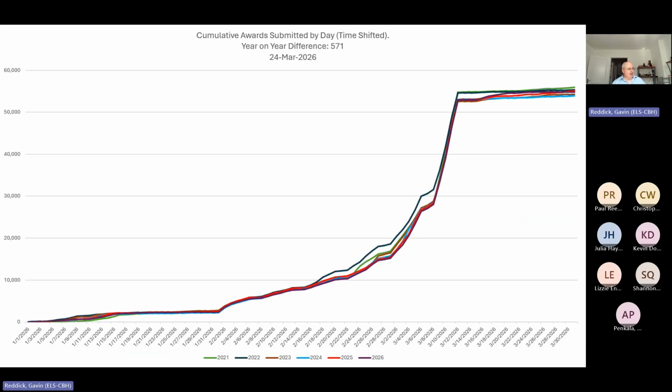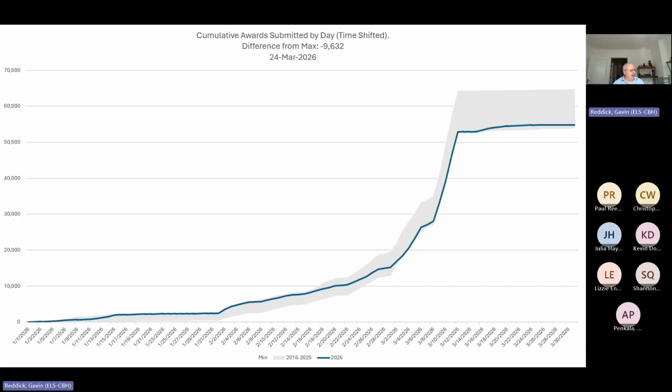If we look cumulatively, you can see there is some variation year on year for sure, but there is very consistent submission activity across all of the years from 21 to 26, which is a bit higher than at this point in a few of those different years. And you can see where we are from 2016 to 2026 essentially.